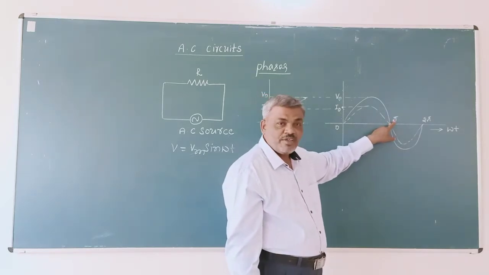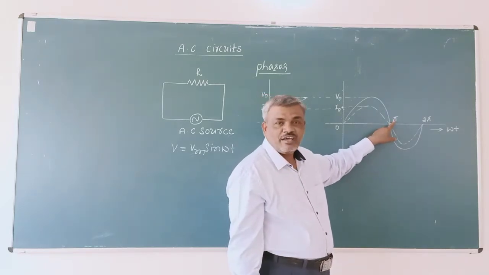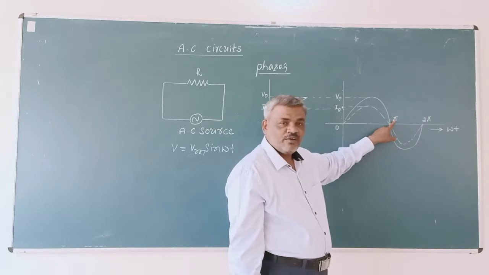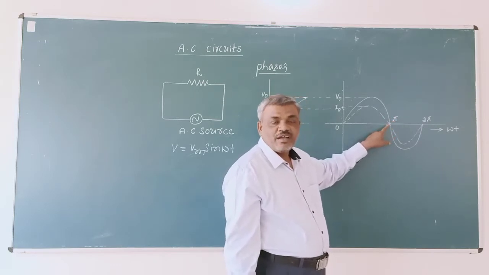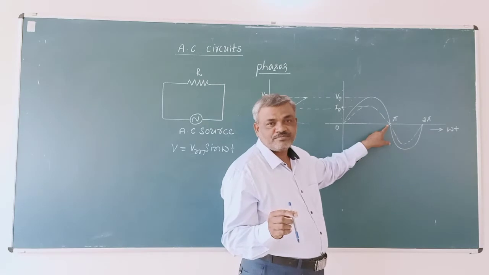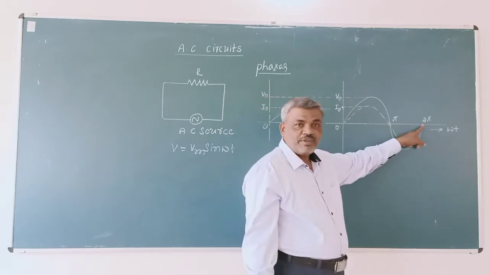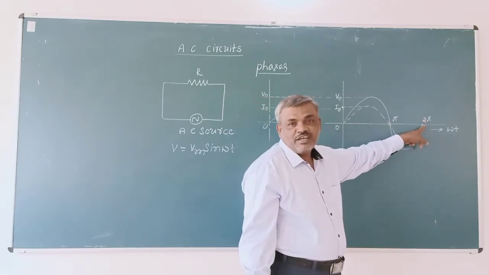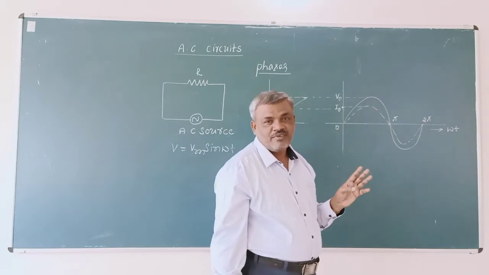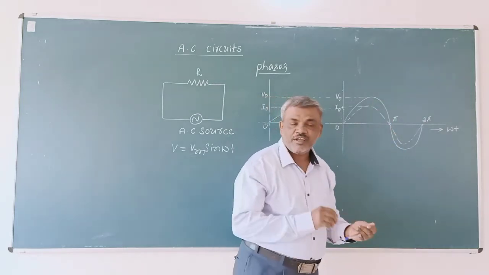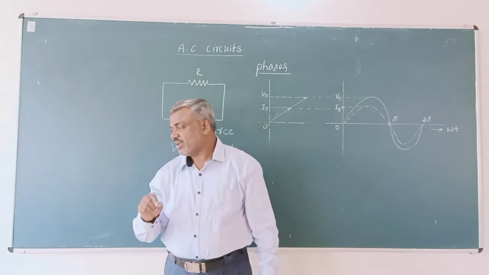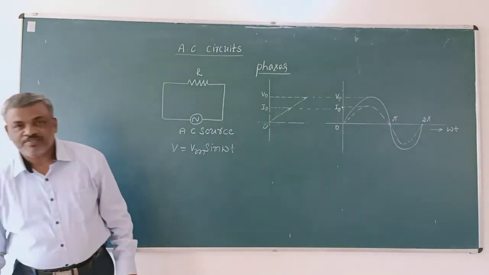Phase means angle. So how much angle is there? Pi. The voltage line is at pi, and the current line is also at pi. Here also, at the same time, the voltage and current are in the same phase. The time taken to complete one cycle is called the period of AC.